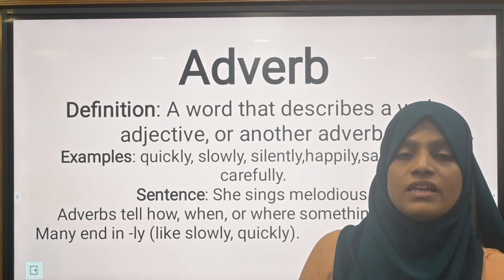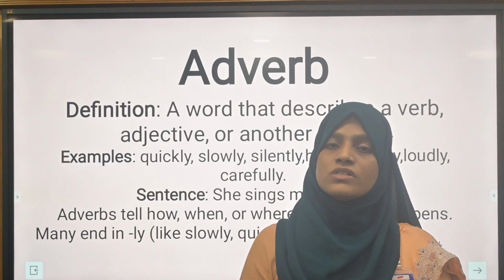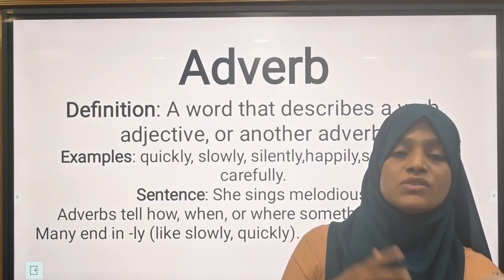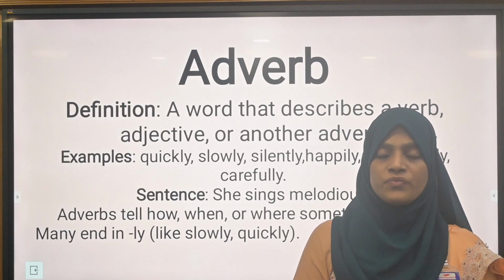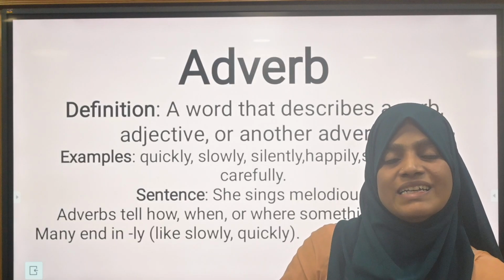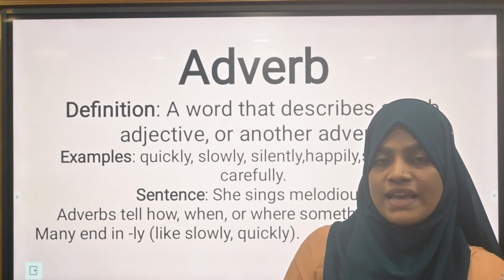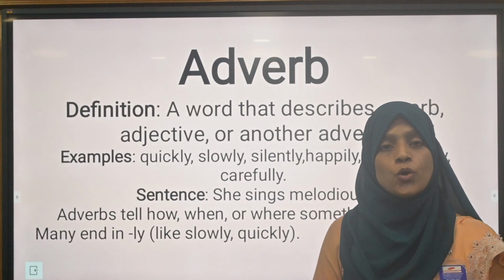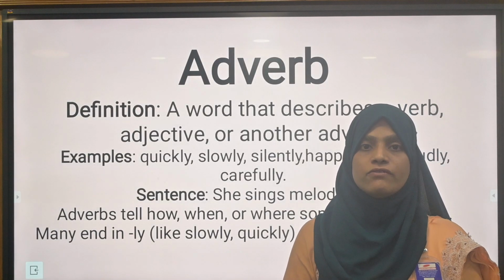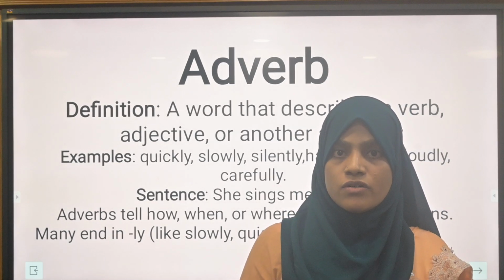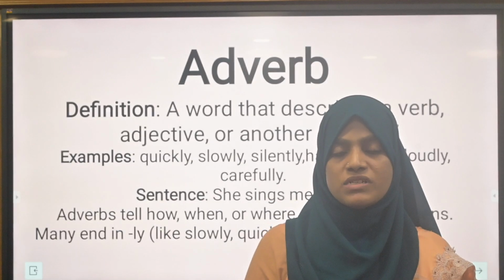Now adverb. Like the word which describes the noun is an adjective, likewise the word which describes the verb is an adverb. We'll say happily, sadly, fast, carefully, slowly, quickly. So these are all adverbs. When the word describes the verb, the action word, it is an adverb.